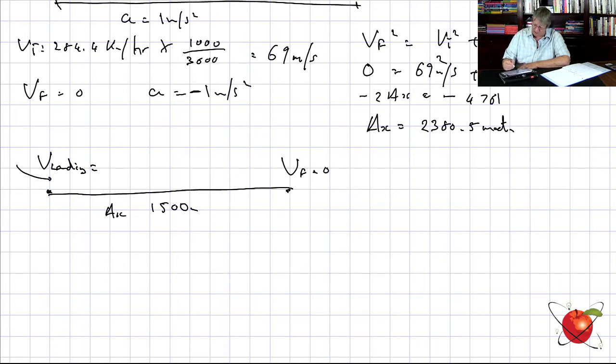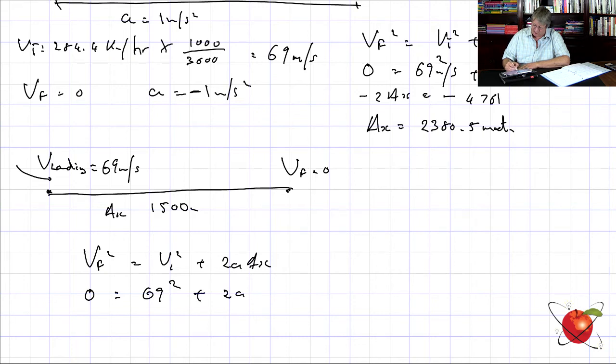Okay. V landing, we know, was 69 meters per second. All right? And once again, your formula is going to be V final squared is equal to V initial squared plus 2a delta x. V final 0, V initial 69 squared plus 2a delta x is 1500.